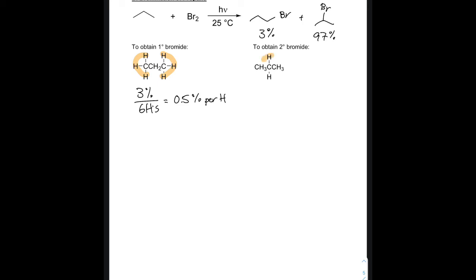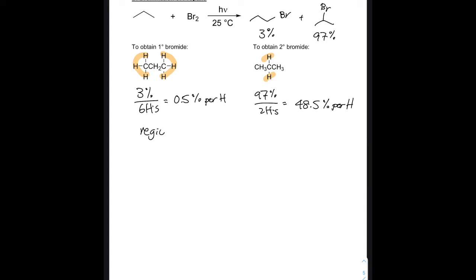To get the secondary bromide, one of these 2 hydrogens has to react. That's a kind of small probability, but yet there was a total of 97% yield. So per hydrogen, the reactivity rating is 48.5% per hydrogen.